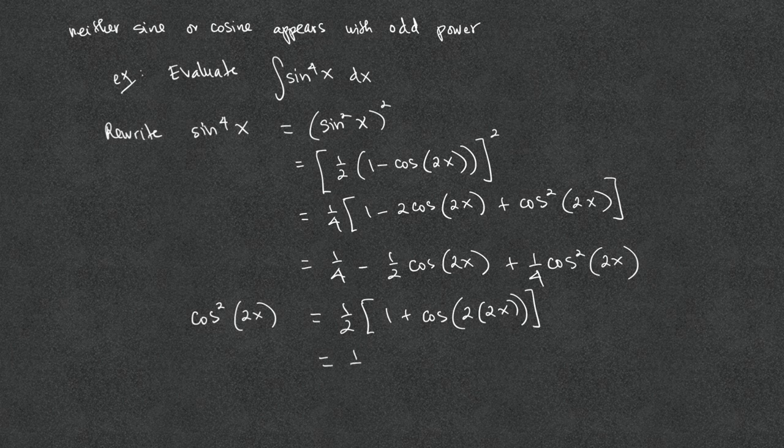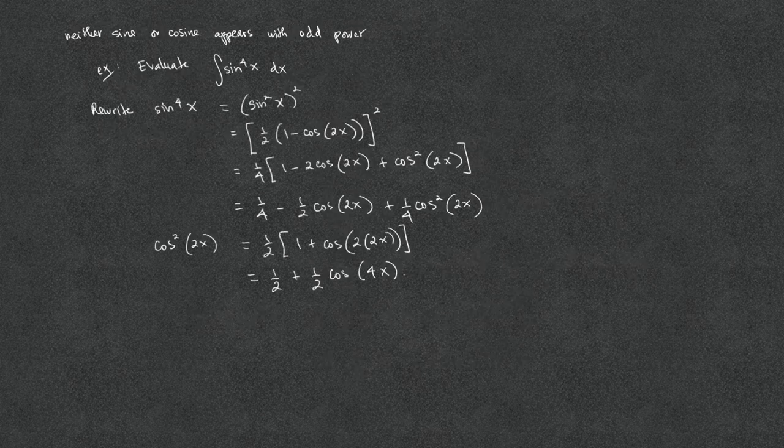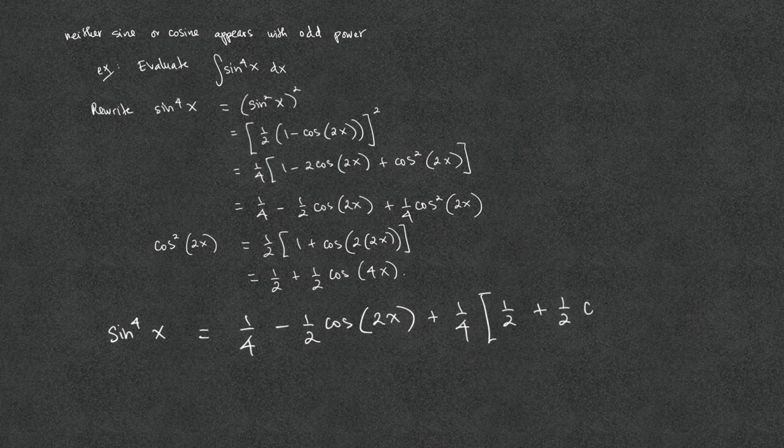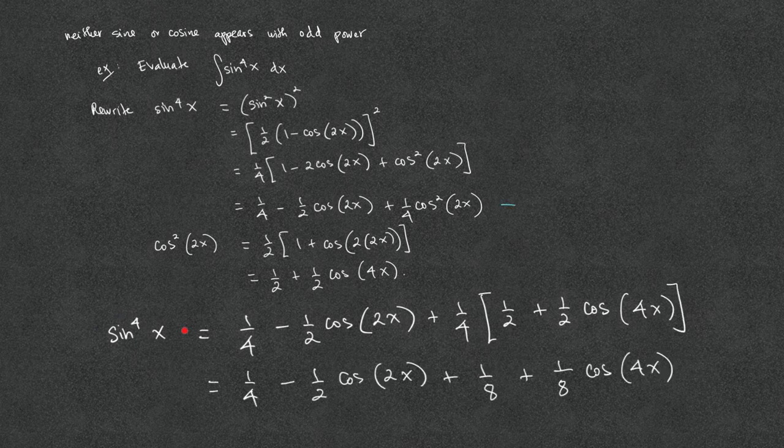And so this is 1/2 plus 1/2 cosine of 4x. Sine to the 4th x can be rewritten as 1/4 minus 1/2 cosine of 2x plus 1/4 times 1/2 plus 1/2 cosine of 4x. Simplifying this, we have 1/4 minus 1/2 cosine of 2x plus 1/8 plus 1/8 cosine of 4x.